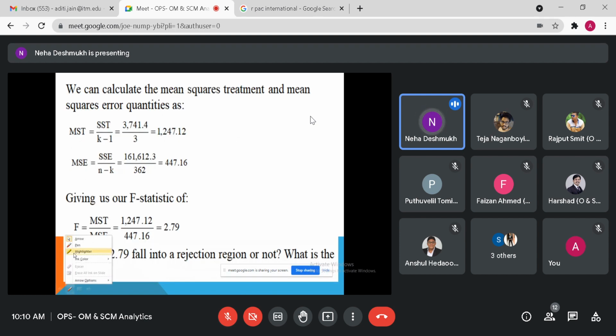This is SST which we have calculated. This is 4 minus 1, right? This is the number of observations, and minus K is what? 4. Agree with this, 366 minus 4? Yes, ma'am.